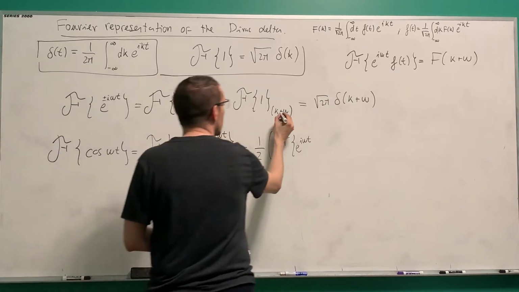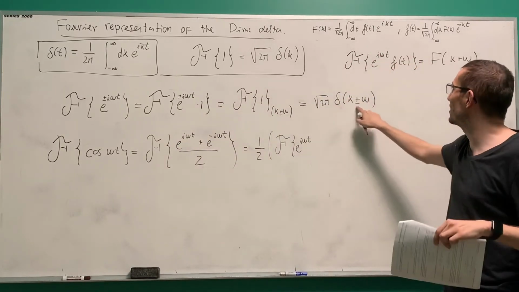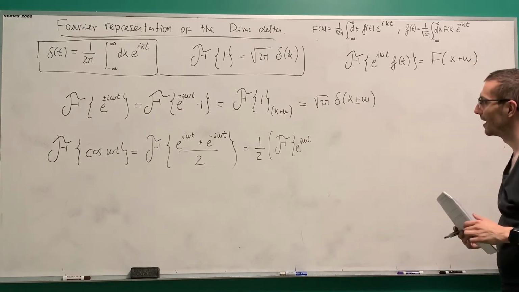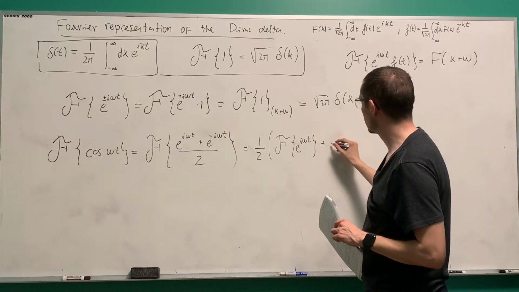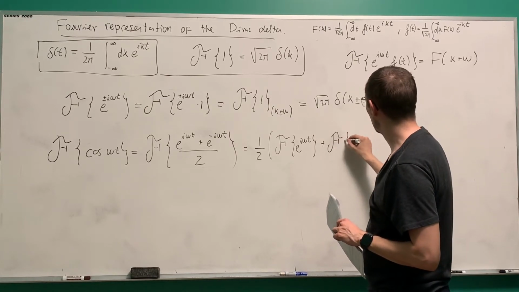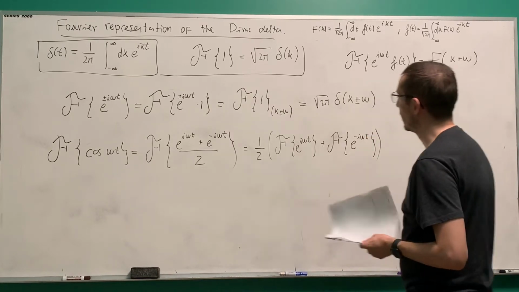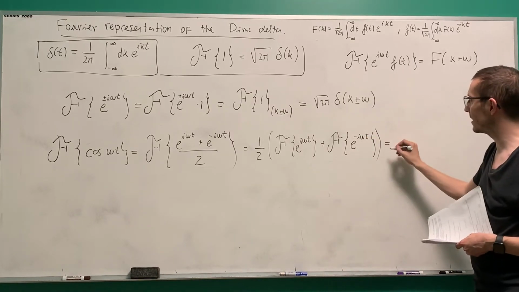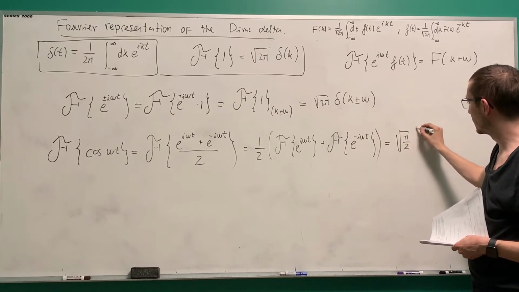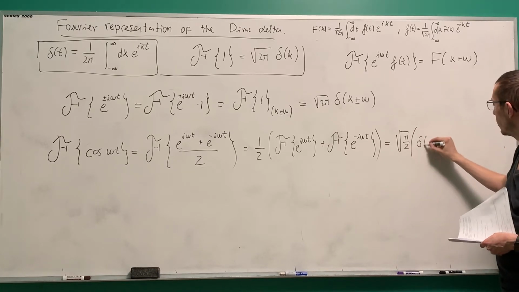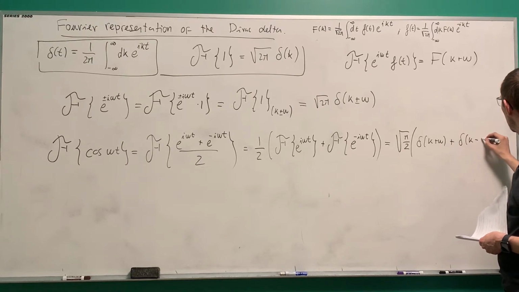When omega is minus omega, you get a minus, right? The sine of omega. So I get this plus the Fourier transform of e to the minus I omega t. I can substitute, and what I get is root of pi divided by 2 that multiplies delta of k plus omega plus delta of k minus omega.